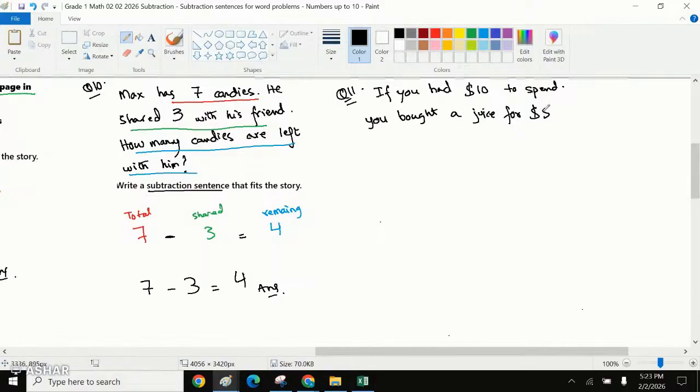How much cash is remaining with you? This is the question, and let's write down a subtraction sentence for the story.